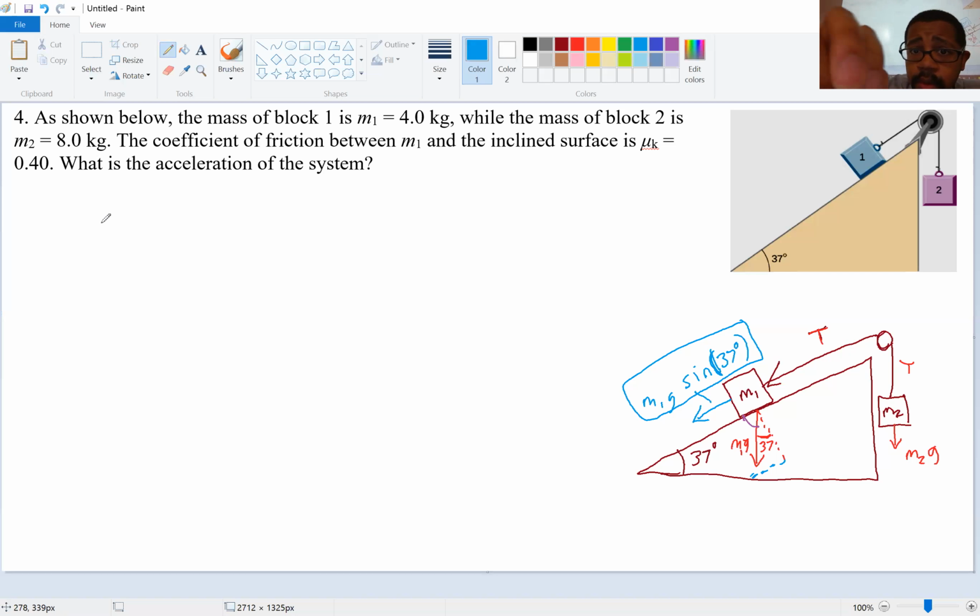So for M2, we can write M2G, so that's this part, minus this part.